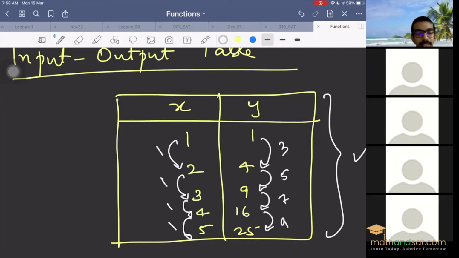Now you understand, right? Does this represent a linear function? No. This does not represent a linear function because the changes in x are 1, 1, 1, 1, but the changes in y are 3, 5, 7, 9.